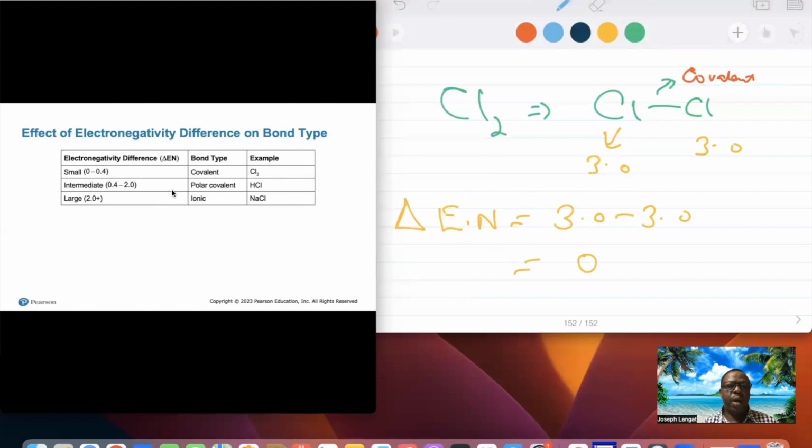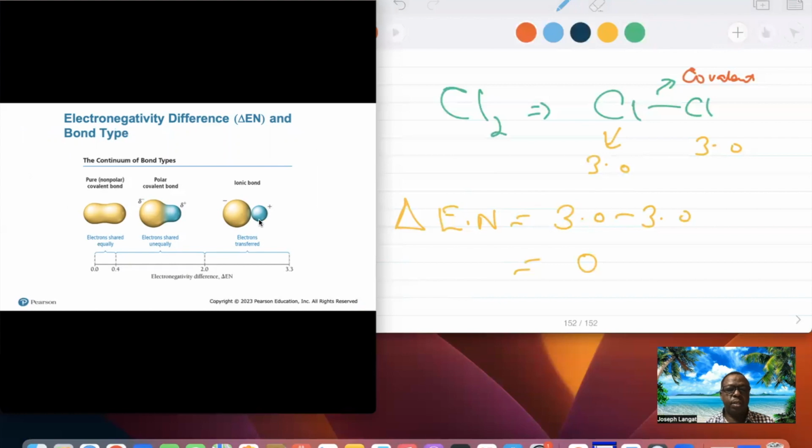Commit these domains to memory, because I will not give you these values in the exam: 0 to 0.4 is covalent, 0.4 to 2.0 is polar covalent, and anything greater than 2.0 is ionic.